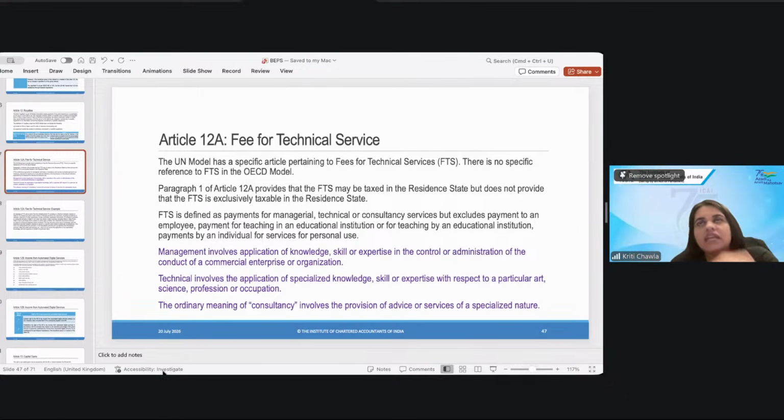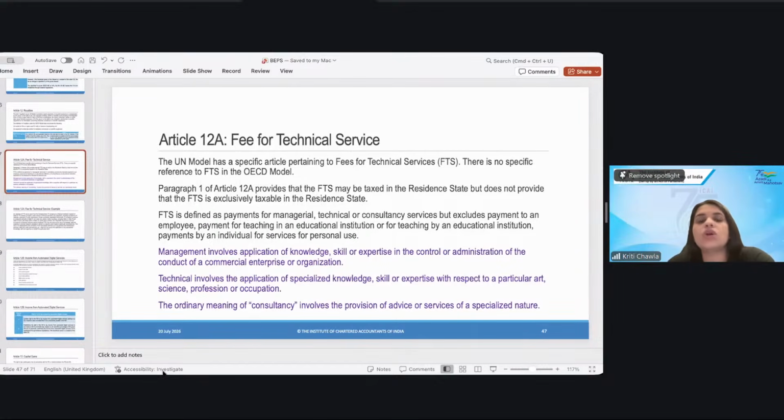What is FTS? FTS is basically payment for fee for technical service. It basically means fees, payment for managerial, technical, consultancy services. Now, what is management services? It involves the application of knowledge, skill, expertise in the control or administration of the conduct of a particular commercial enterprise or organization.